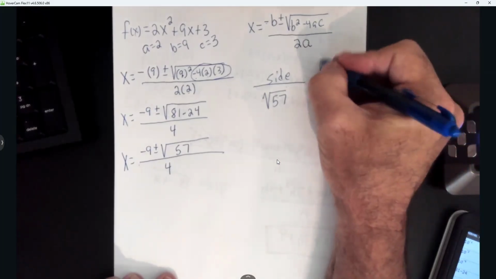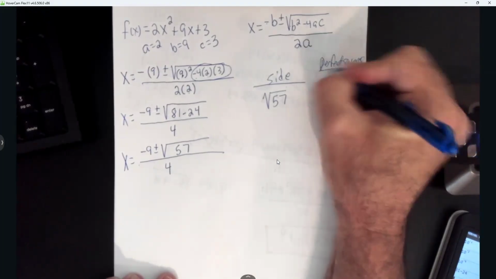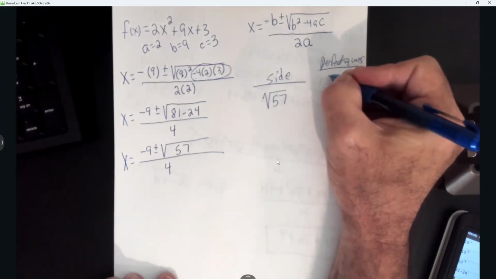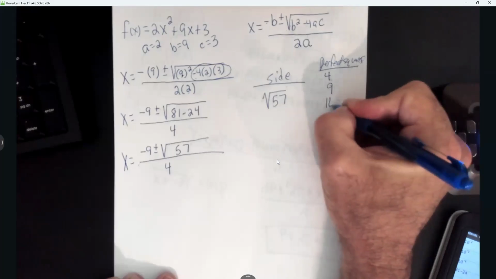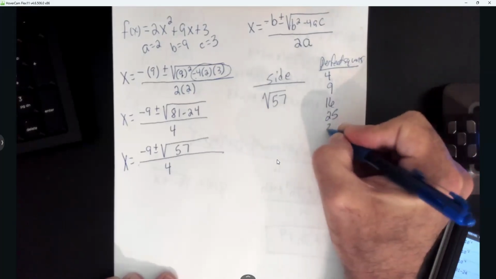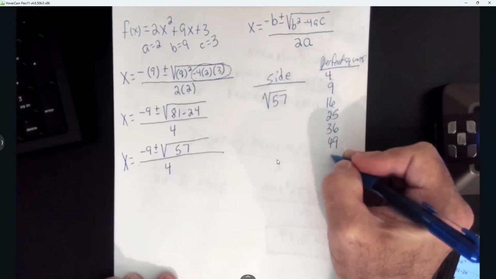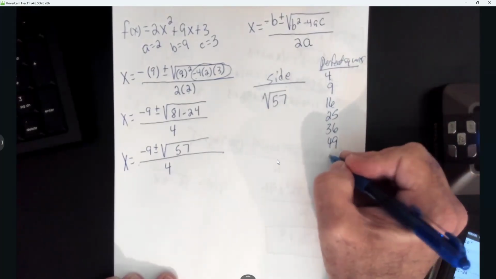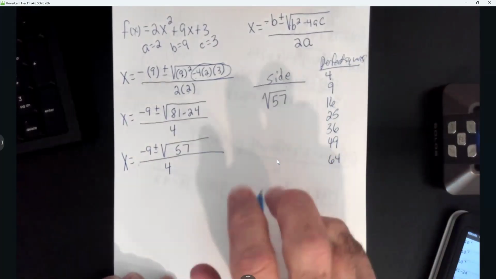So let's write our perfect squares. So 1, but that ain't helping. 2 times 2 is 4. 3 times 3 is 9. 16, 25, 36, 49. What's next? 7 times 7, 8 times 8 is 64. And that's bigger than that, so I can stop there.